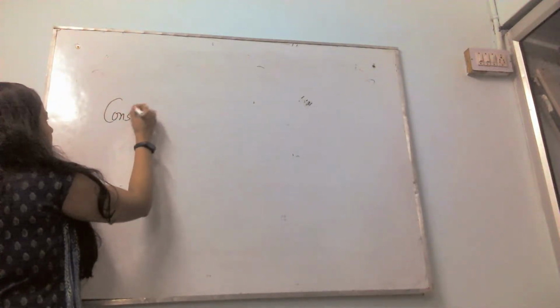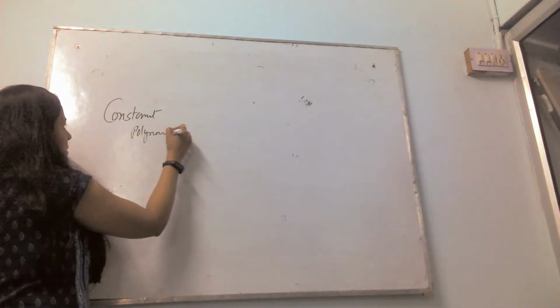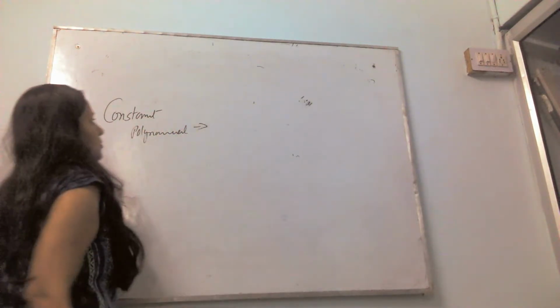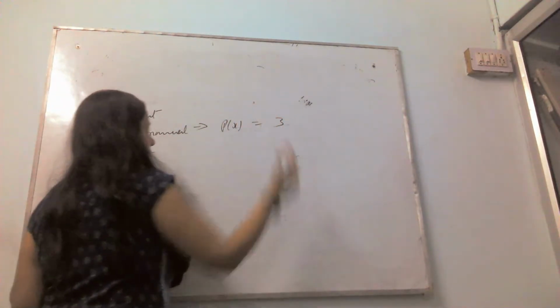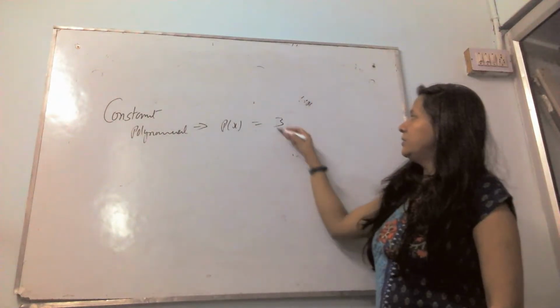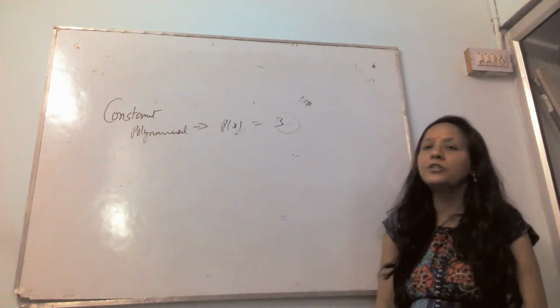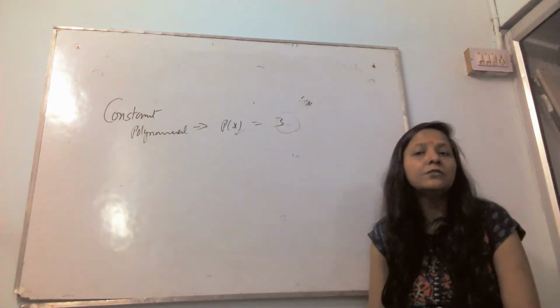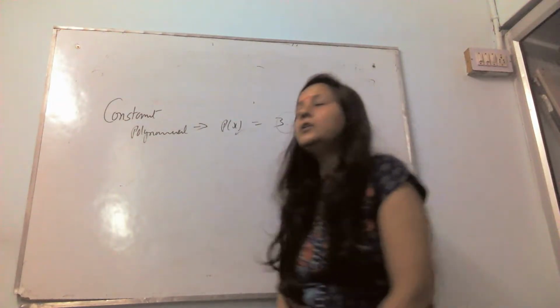First is called a constant polynomial, where there is only one term. A polynomial that is 3 is a constant polynomial. That means the variable is not there. That is called a constant polynomial, or you can say zero polynomial.